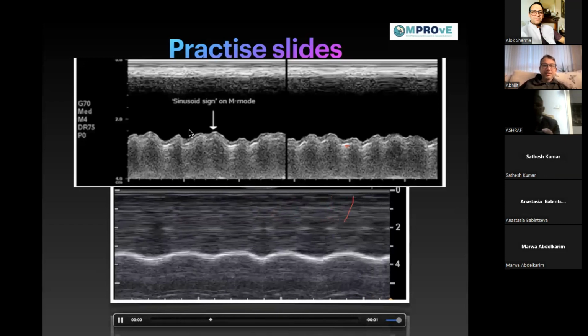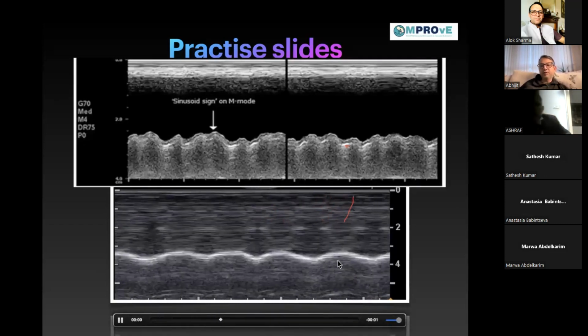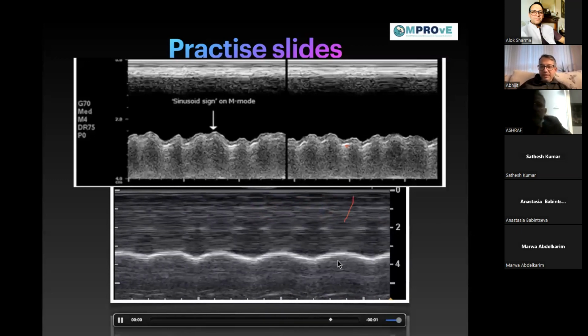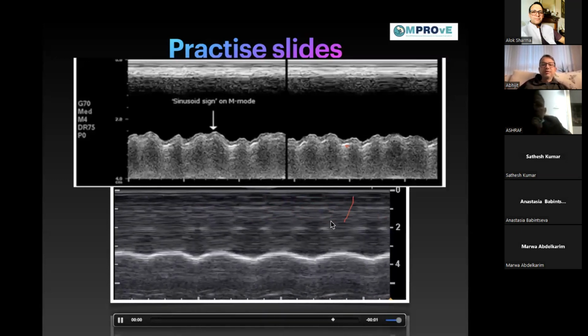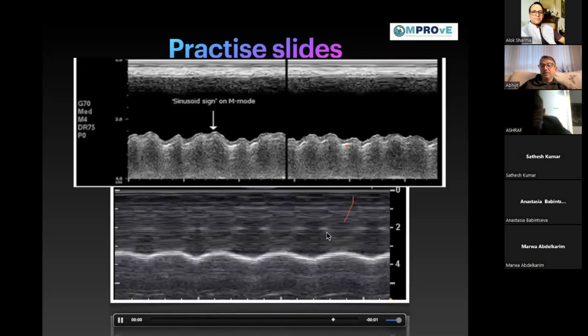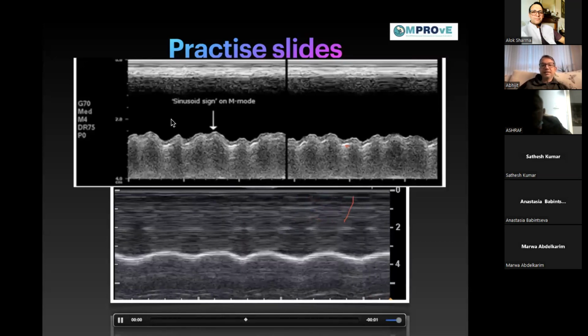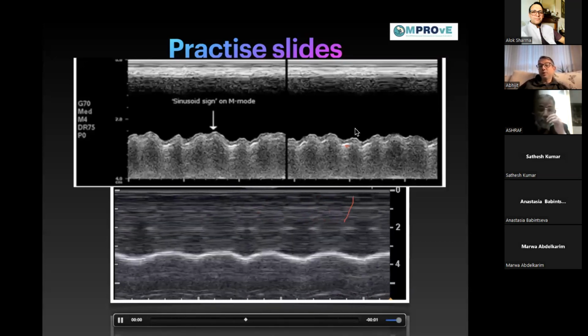So you're going to see the sinusoidal pattern. Anything that moves inward and outward, for a machine, you're going to get a sinusoidal pattern. And the difference between those two is you see grayscale here because that's your liver, and here you don't see that. It's anechoic, so you see black on your M mode interrogation.